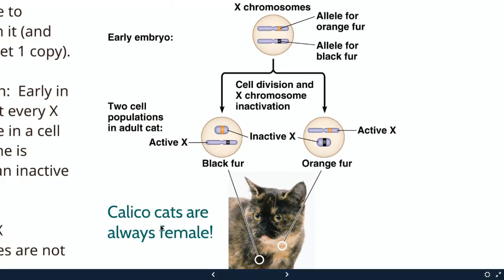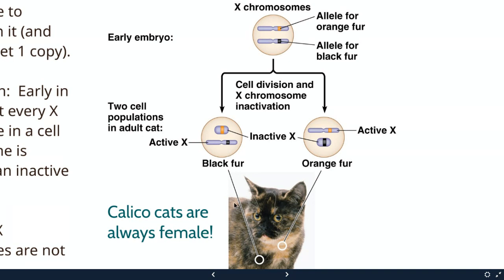And that's what happens with calico cats. So here we have early in development. Normally, one of these would be turned off and become what's called a bar body, which means inactive. However, in calico cats, the one that becomes inactive is going to differ depending on which cell in the body. And so there are going to be some cells in which the X right here with the orange phenotype is inactive and becomes the bar body.